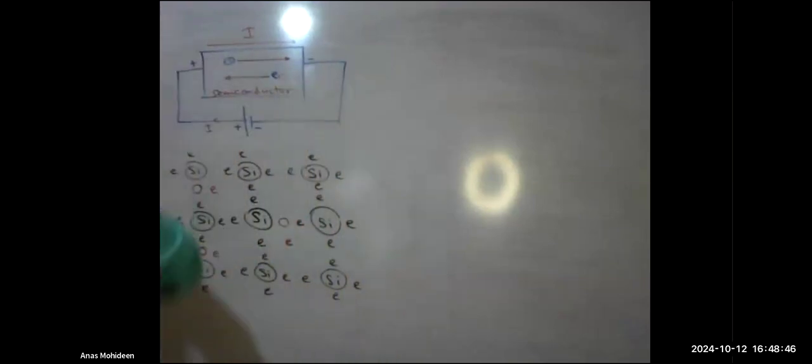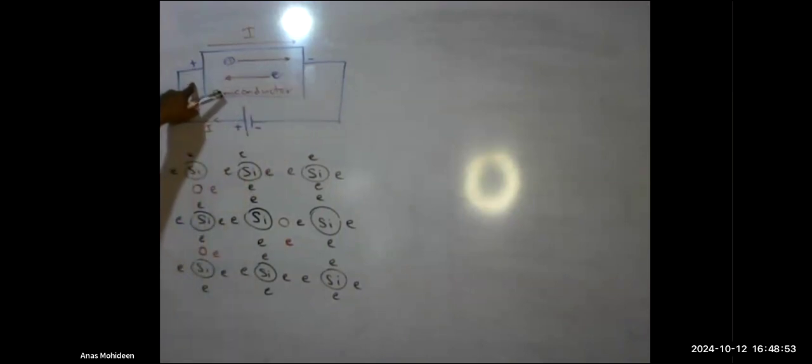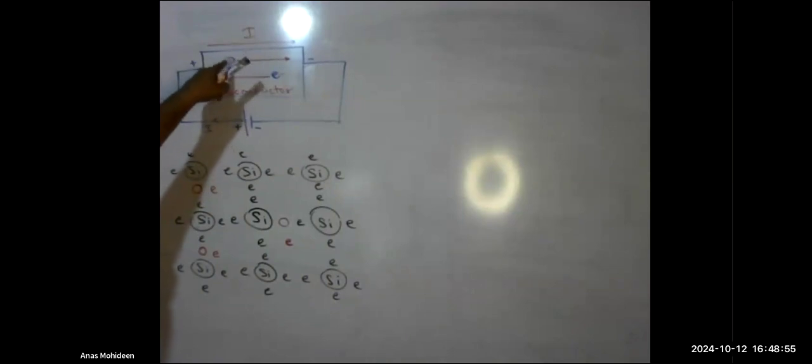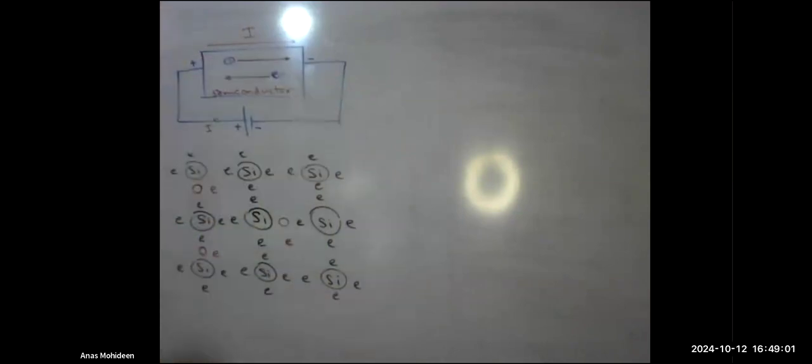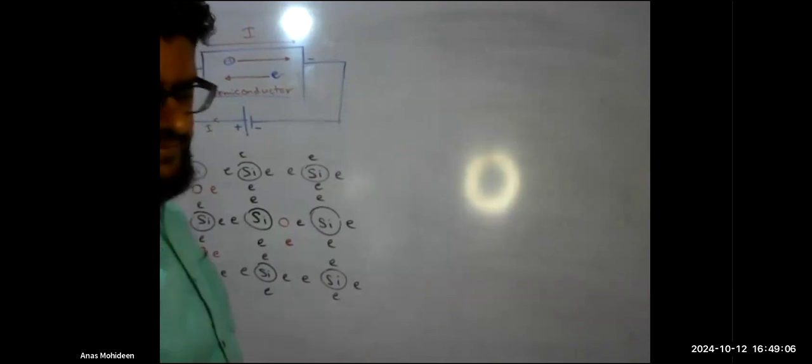So electrons move from negative to positive. What you have to remember here: electrons flow from the negative terminal to the positive terminal. Free holes flow from the positive terminal to the negative terminal. And the conventional current, that means electric current, flows from the positive to the negative terminal. Okay, hurry up, please. We have some more to do.